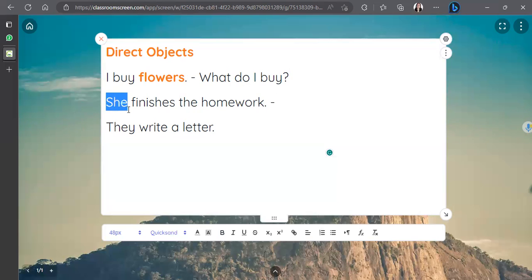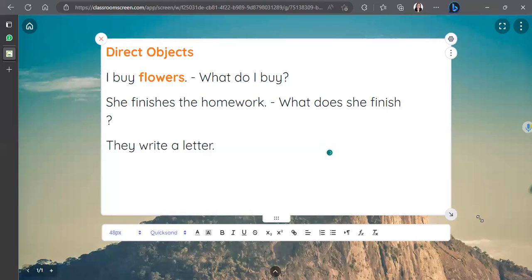Again, subject, verb, complement. I have a complete sentence. Now again, I have to create my question. Always with what. Then I have to use the verb. As you can see, this is third person singular. So I'm going to use does. What does she finish?